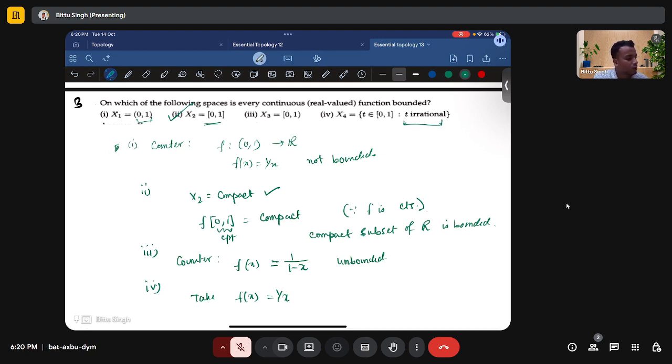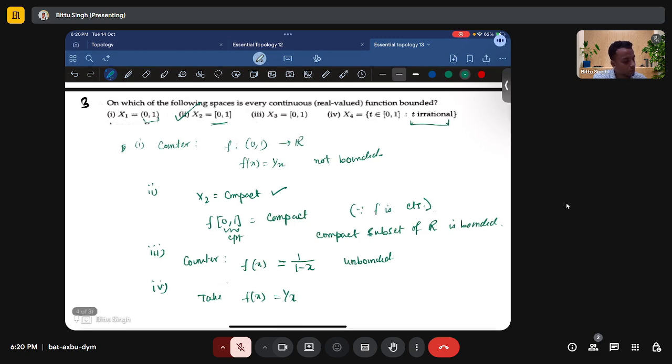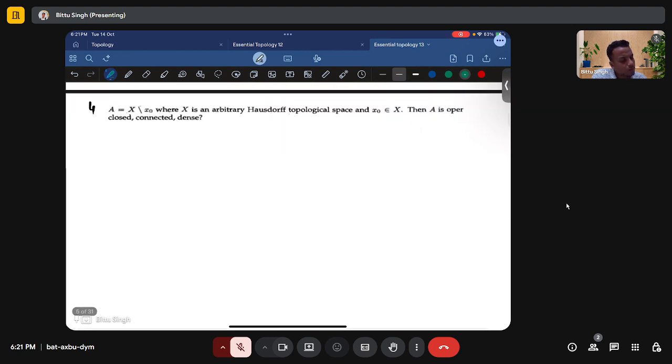So we are only considering the domain Q complement intersection closed [0, 1], right? This is the domain. So it is clearly unbounded. As x tends to 0, it tends to infinity. So the only correct answer is 2.